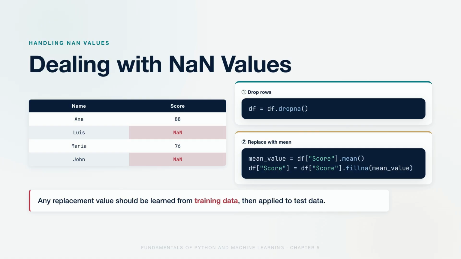Neither approach is automatically correct. Dropping too many rows might remove valuable information. Replacing values with a mean might reduce variation and hide important patterns. In a formal machine learning workflow, any replacement value should be learned from the training data and then applied to the test data. The test set should not influence the values used during training.